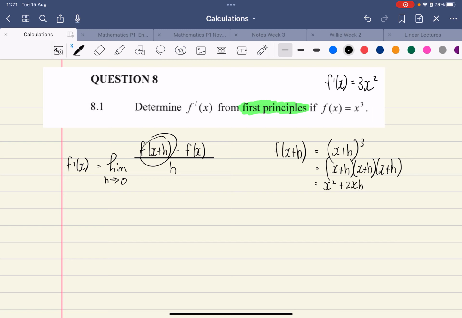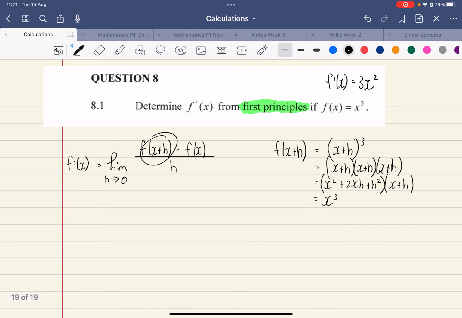And we mustn't forget the last bracket. x cubed plus x squared h plus 2x squared h plus 2xh squared plus xh squared plus h cubed.